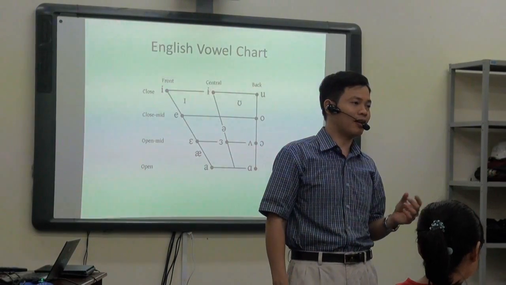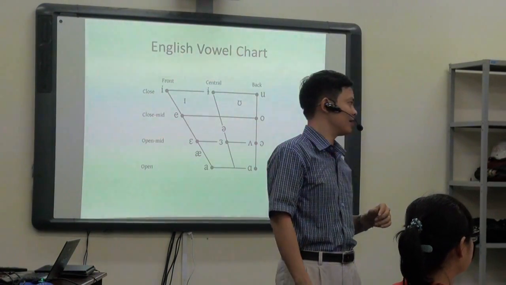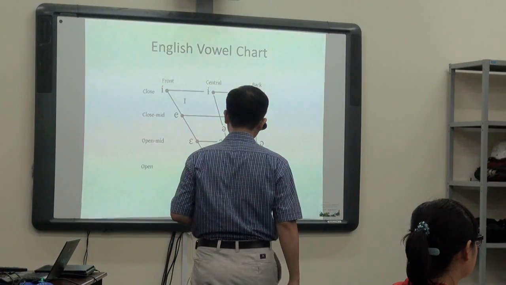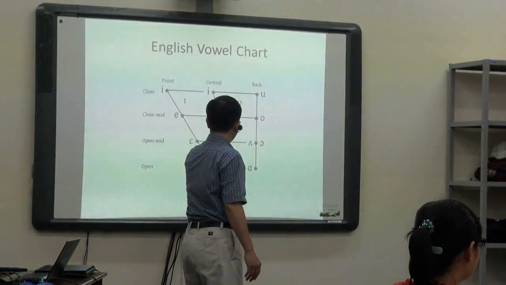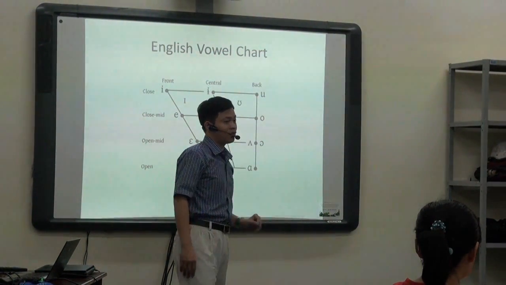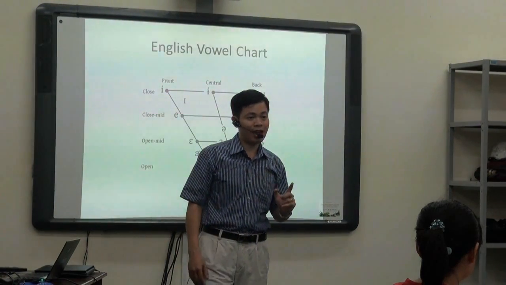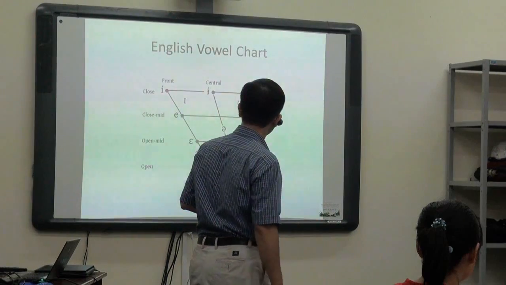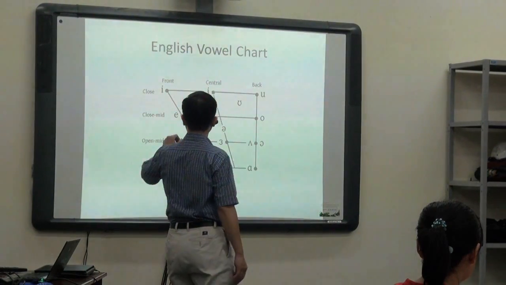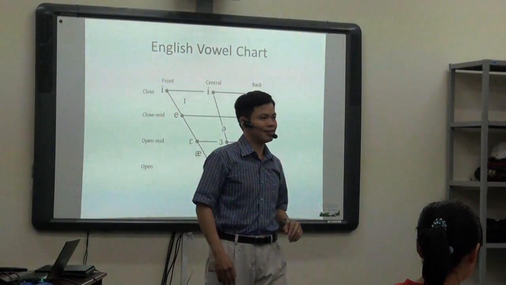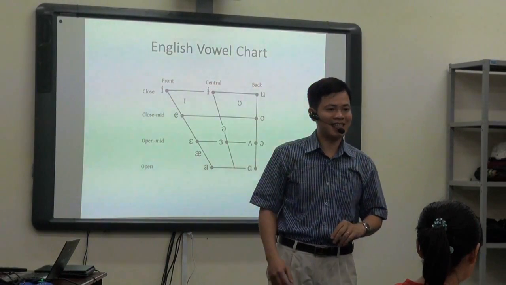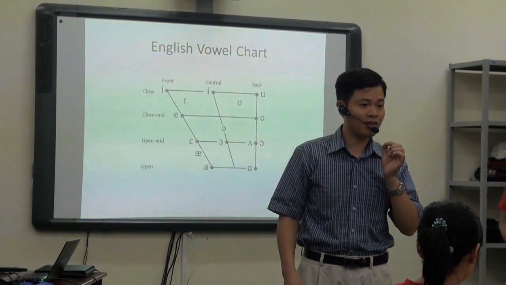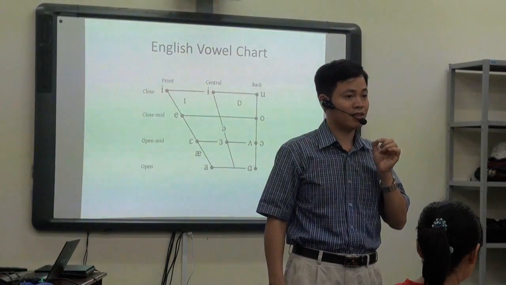Very soon we'll look at the vowel chart of Vietnamese and you see the differences. At each corner of the chart there is a sound. So this sound, E, like in tit, is very close and very frontal.